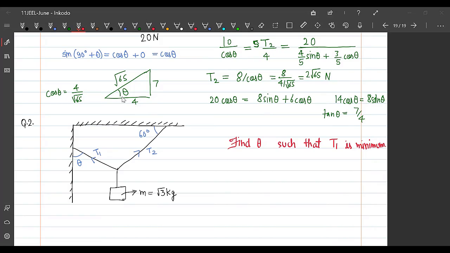Horizontal forces net zero होना चाहिए, vertical force भी net zero होना चाहिए. Or you can also use Lami's theorem. So, but पहले T1 and T2 find करना है.